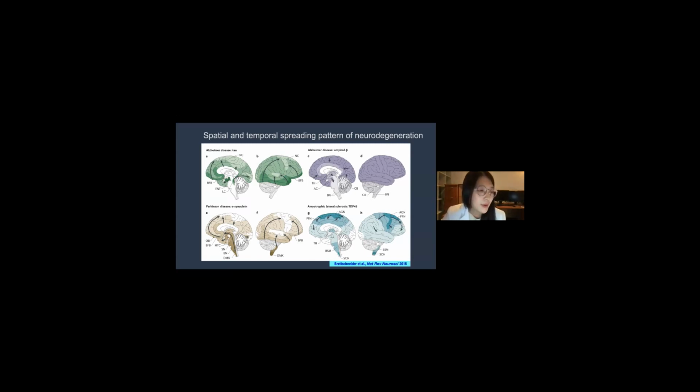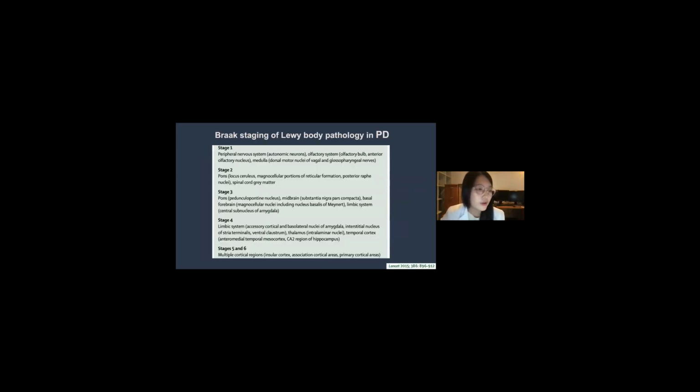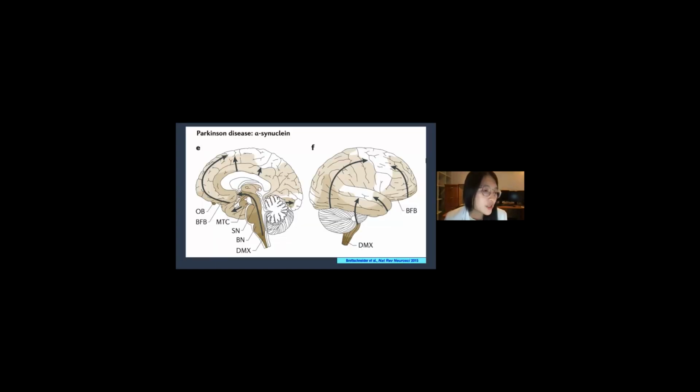This is the spatial and temporal spreading pattern of various neurodegenerations. According to the Braak staging of Lewy body pathology in PD, progression of alpha-synuclein Lewy pathology follows an ascending pattern from the brainstem to the telencephalon.